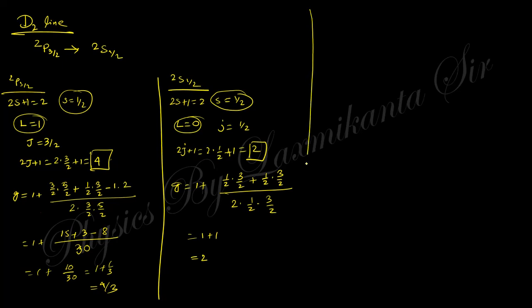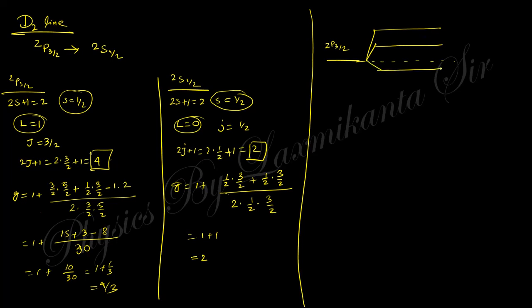Now clearly visualize the splitting of the line. This is 2P3/2, which is split into 4 components: 1, 2, 3, 4.